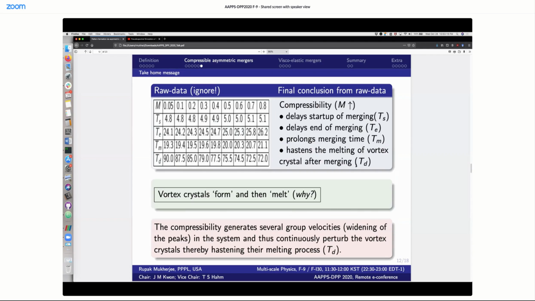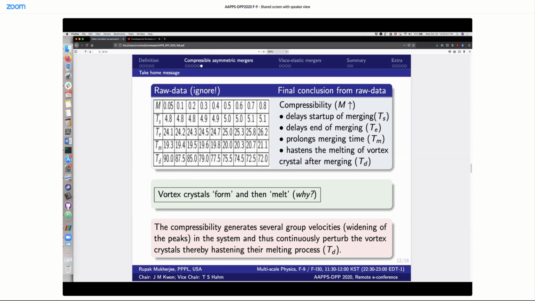So why are these kinds of results observed? These are some data with Mach number and the startup of this merging process. The final conclusion from this data is that if you increase the compressibility, it delays the startup of merging.